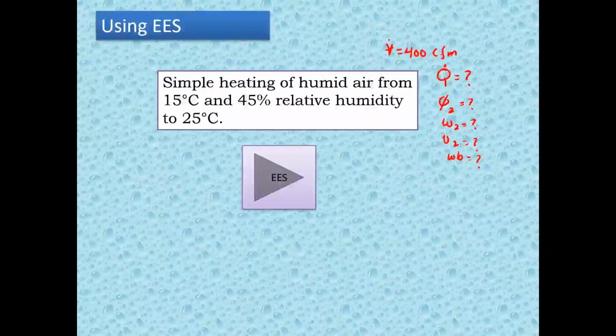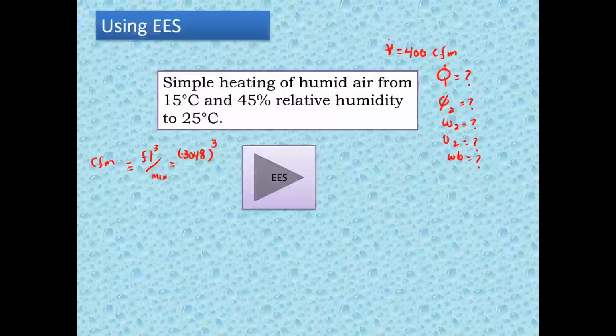So we are heating humid air from 15 degrees C, 45% relative humidity to 25 degrees C. Let's identify state 1. We know the dry bulb temperature and relative humidity. So what is omega for state 1?